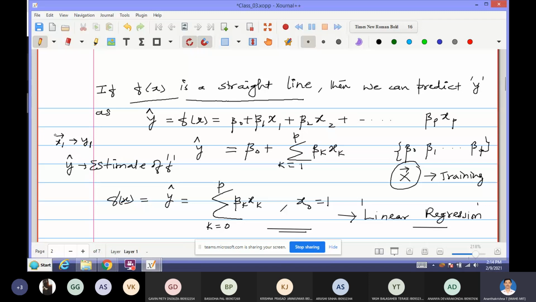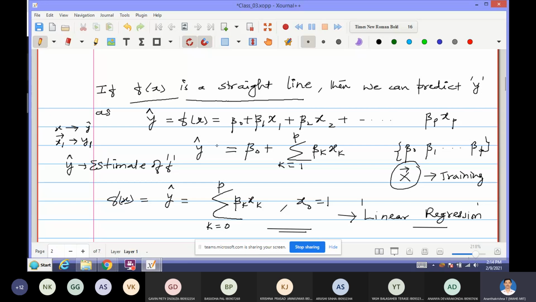Now there exists some x query point for which the corresponding output, which we denote as y cap, may not be the actual y, the true y. We call it an estimate, which is obtained as the output of this function, right? That's how we interpret it.